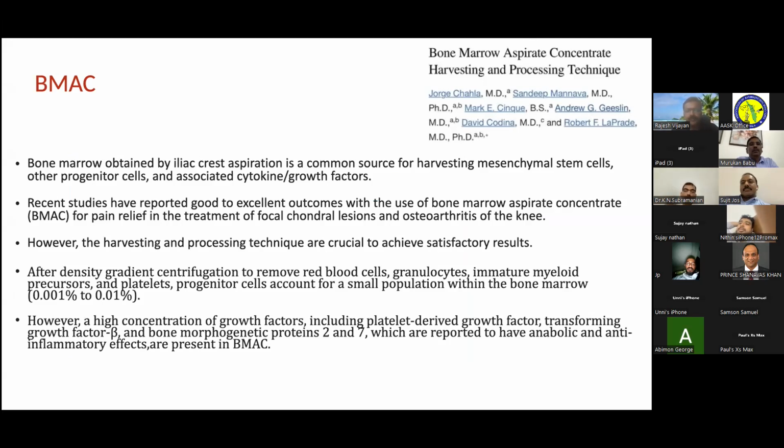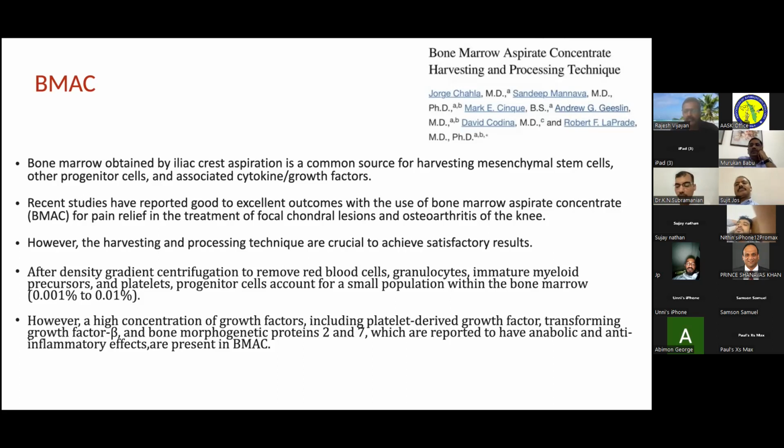I have seen my own patients, when I had done a rescope for some other reason, where I found only fibrocartilage, and even that only in patchy areas. So BMAC may not be very successful if the ideal cell counts are not there. That is something very difficult to measure also, which I noticed at a later stage.